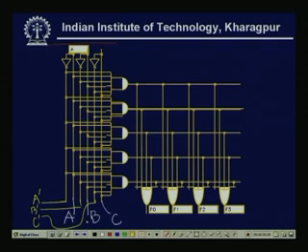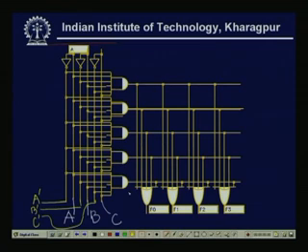These A, B, C and A dash, B dash, C dash are fed accordingly, as we have already seen in the example. So this is my AND gate.